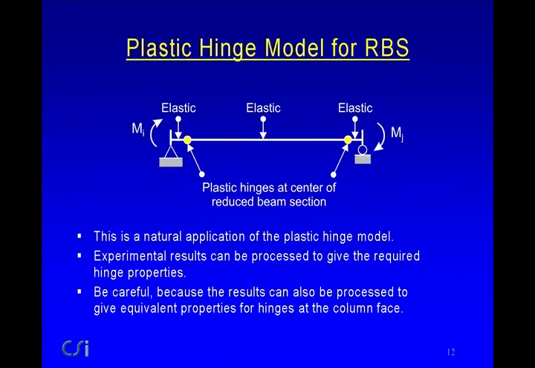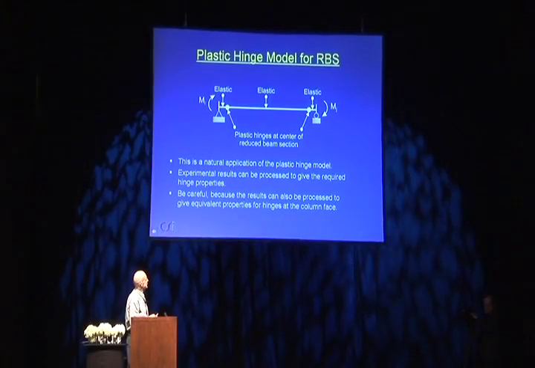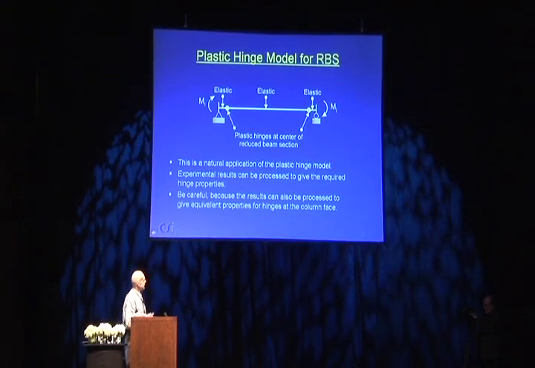Just incidentally, a plastic hinge model can be used for a reduced beam section. It's actually a natural application for a plastic hinge model. The center of the RBS would be here, and this is where you might position your hinges. If you have some experimental results, you can process them to give the required hinge properties.